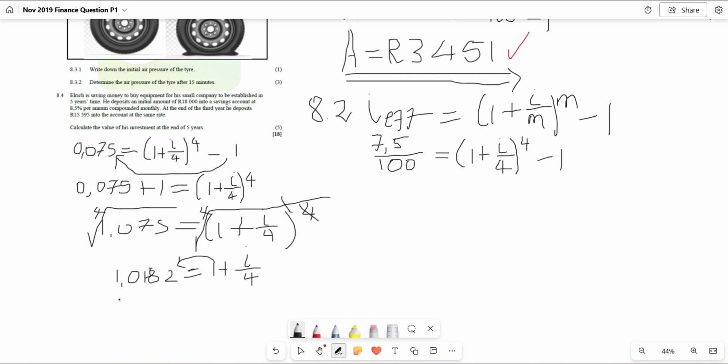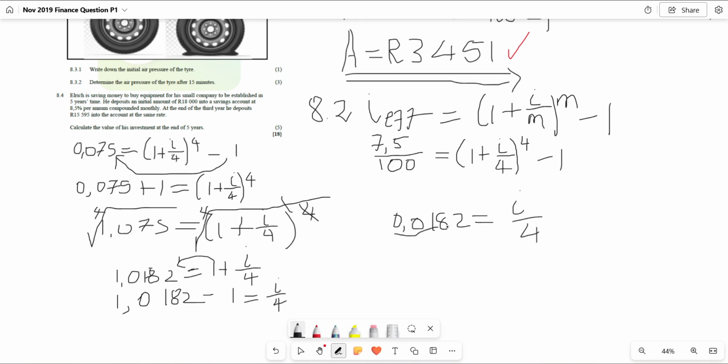Then when we do that, we are going to have 1.01882 minus 1, that is said to be equal to I divided by 4. Then 1.01882 minus 1 gives us 0.01882, which is equal to I divided by 4.